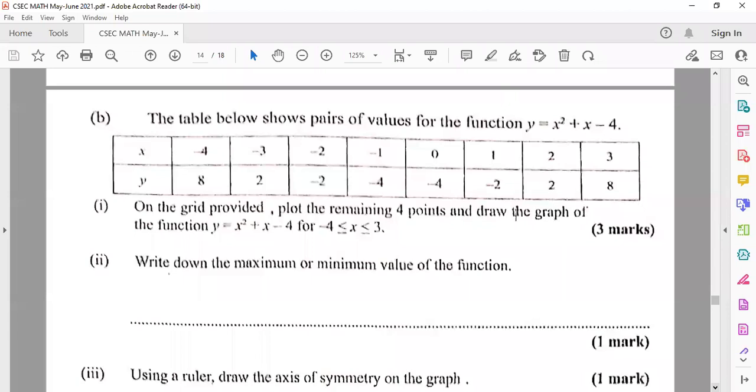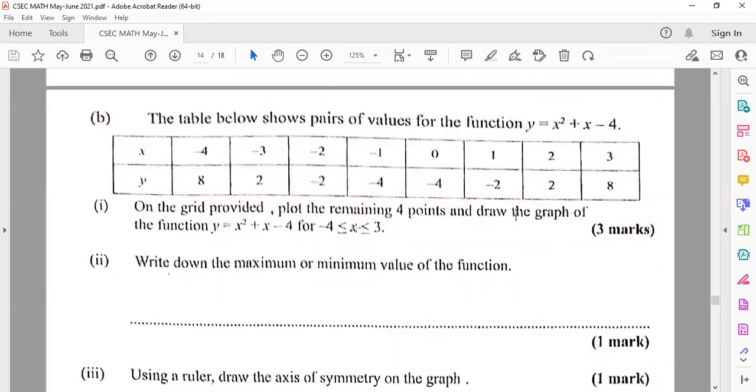All right, so it says on the grid provided, plot the four remaining points of the graph of y = x squared + x - 4, where x is greater than or equal to -4 but less than or equal to 3, which is all the values that we are given here.